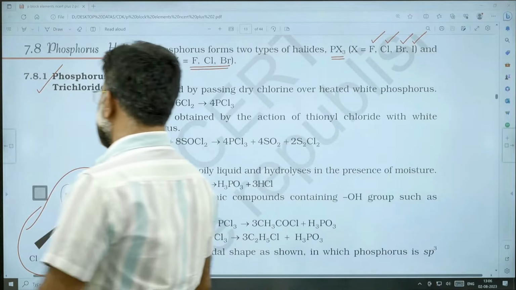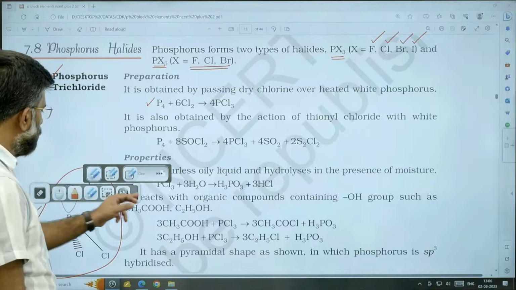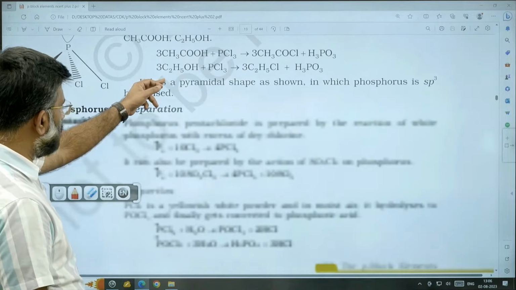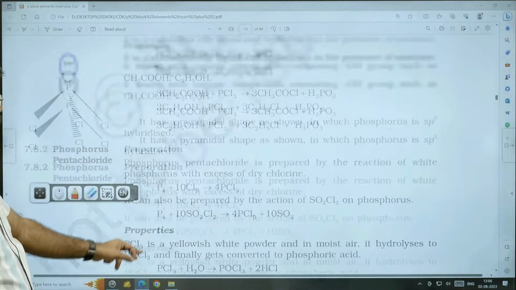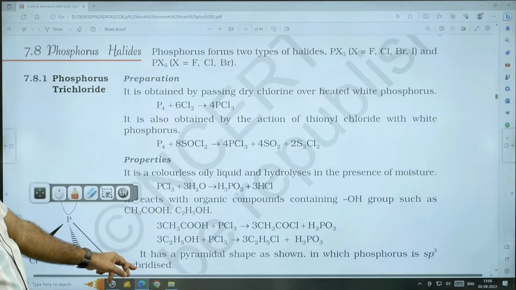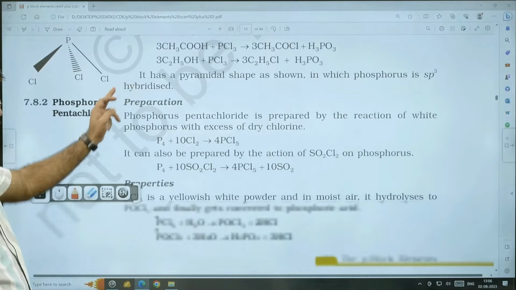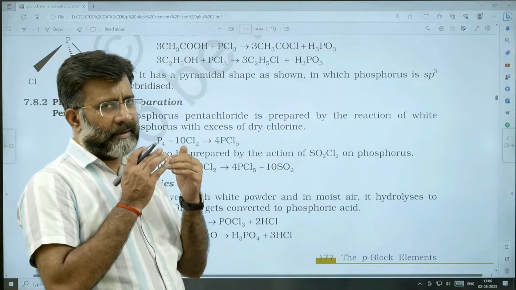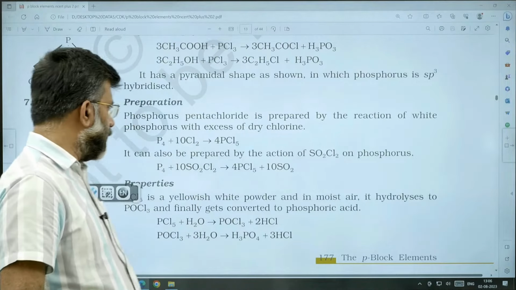While white phosphorus with 10 chlorine, you will get PCl5. So it is a comparative study, I would say. P4 with 6 Cl2 gives 4 PCl3, P4 with 10 Cl2 gives 4 PCl5. So it should be studied comparatively.